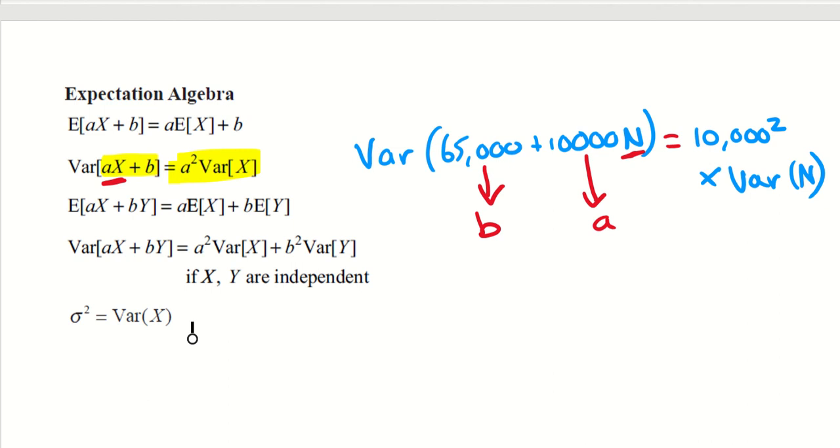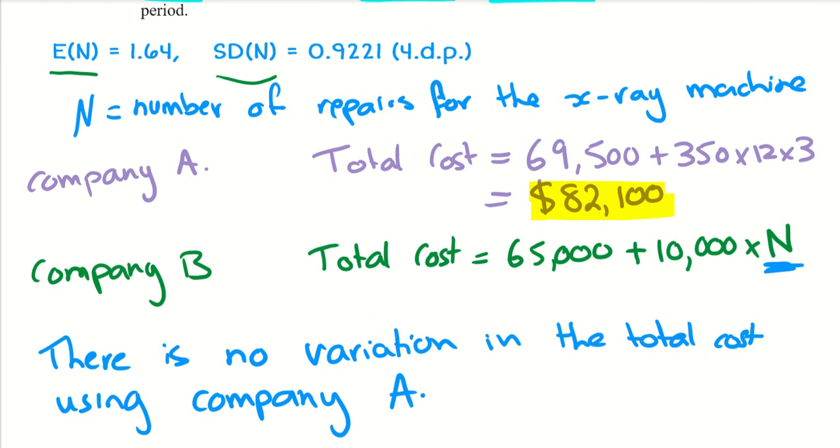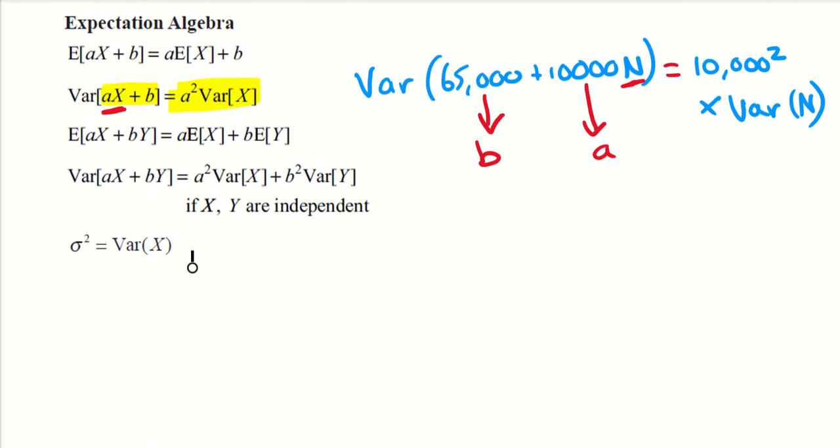Now for the variance of n, what we found from the previous question was that the standard deviation of n was 0.9221. So the variance of n is equal to that standard deviation squared.